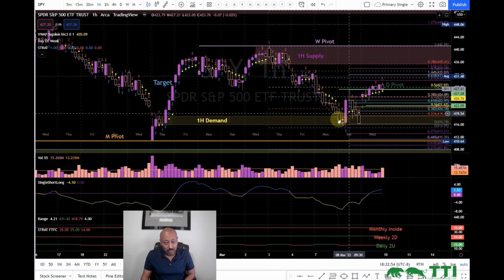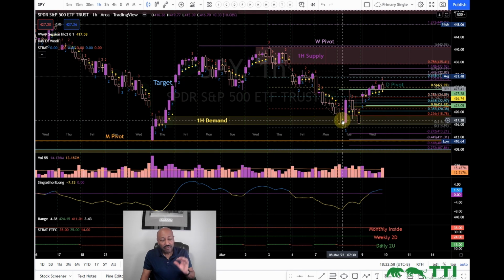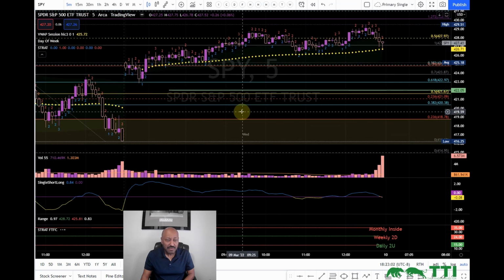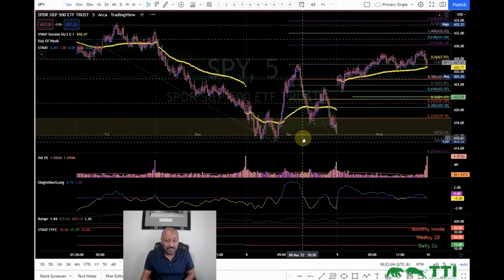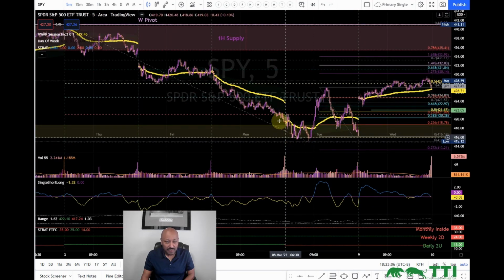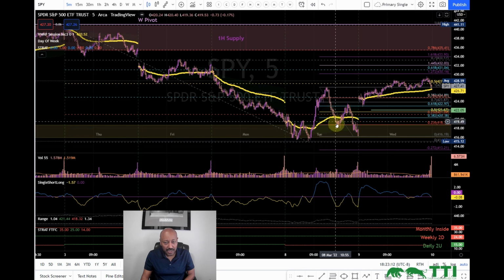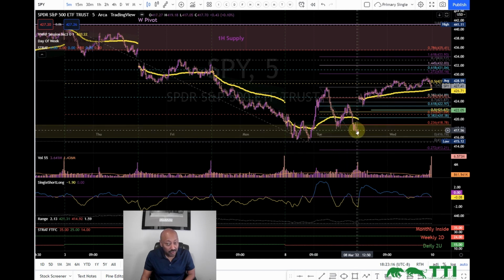So when we come down to this demand zone, if you're a short time trader, maybe I'll go to the 5 minutes. Maybe the 5 minutes gave you some opportunities there. But it's kind of hard to see. So here, high, higher low, lower high, lower low.